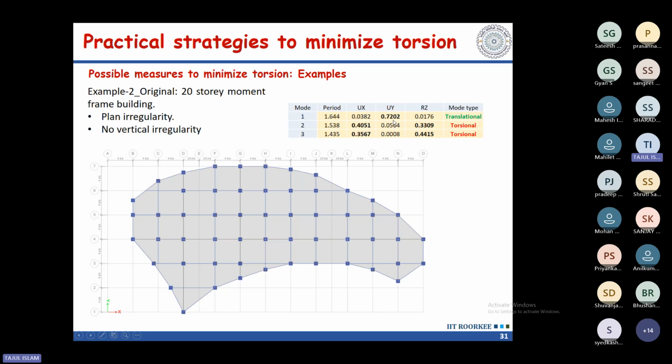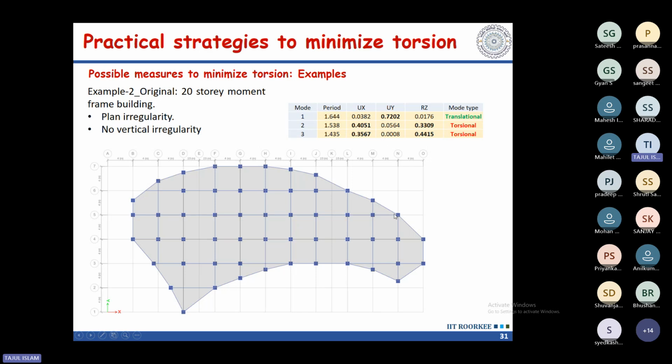Although I took irregularities, the first mode was still giving me a translational mode in the X direction. My bad luck. The second mode is torsional. You can see here the X direction contribution is only 40% and the Y direction is in a similar range, 30%. Then the third mode is torsional, as expected.